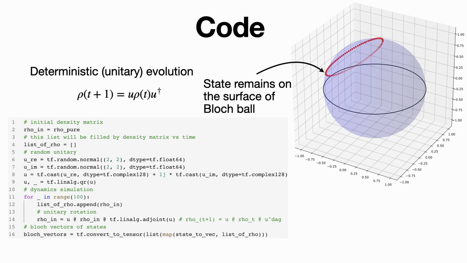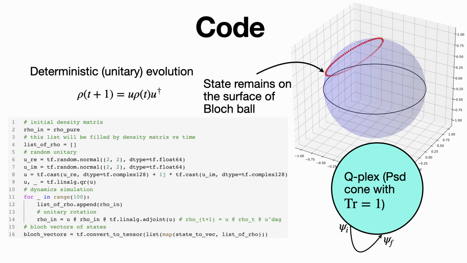And it agrees well with the general geometrical interpretation of unitary evolution of pure states: the state remains on the boundary of the set of all density matrices.